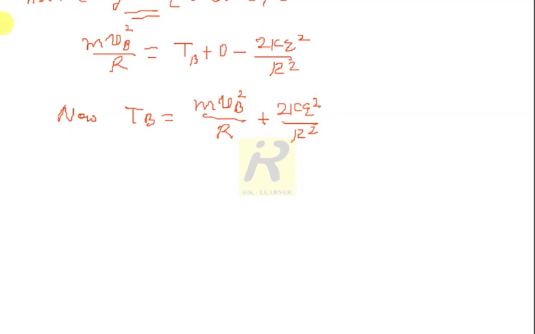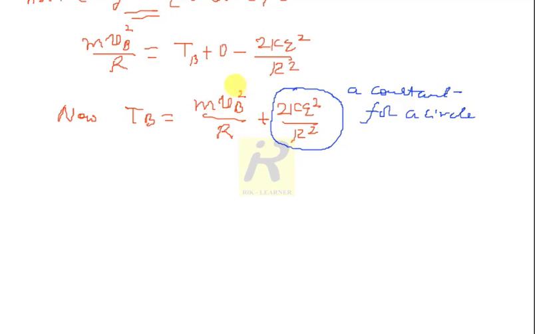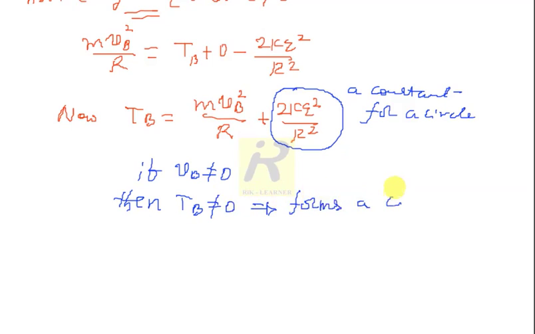And be careful about this step. Here, this is a constant for a circle. Let it be. If VB is not equal to 0, then TB is not equal to 0, which implies it forms a circular motion.